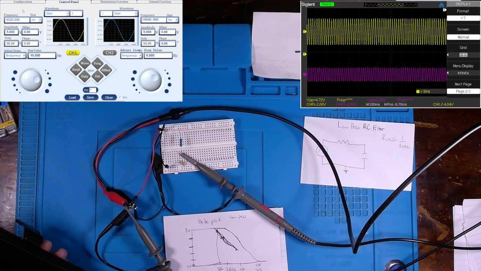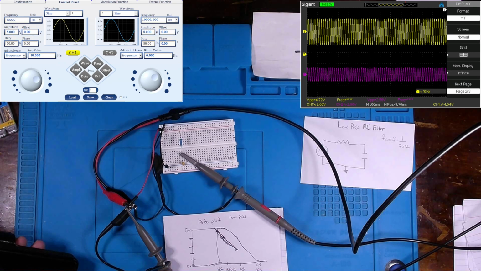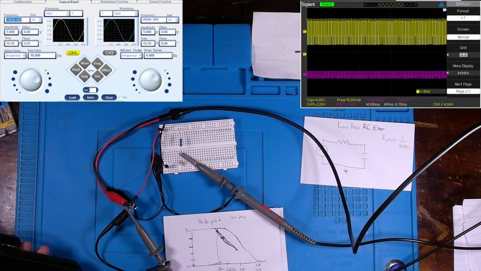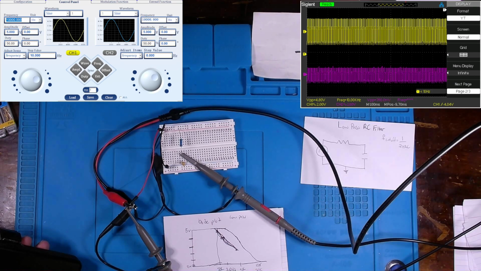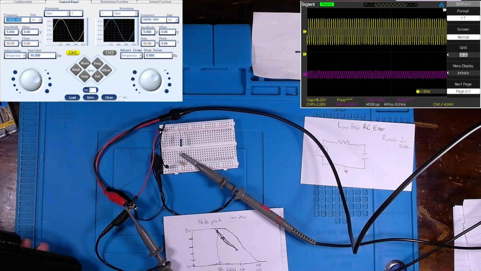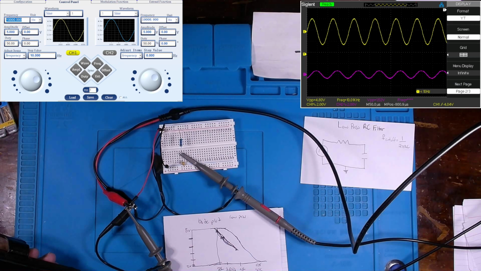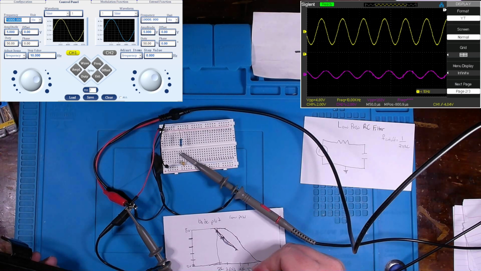Let's get up to, let me just punch in 10K. Hey, 10K. Oh, I didn't mean to mess with that. Let's not change our voltage per division. Just change the span at 10K. We'll say 10K right here.